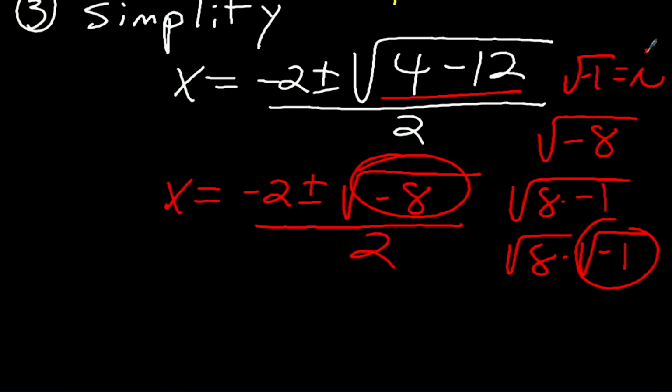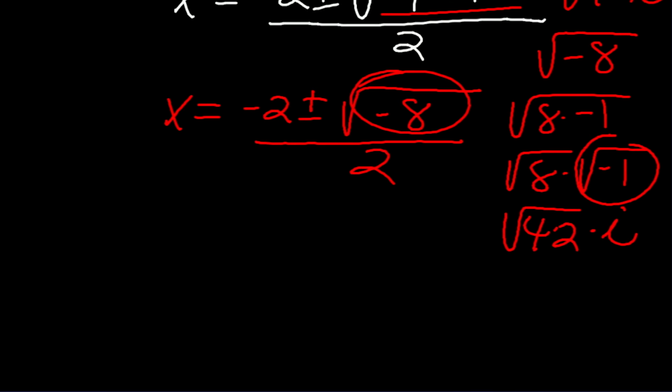So we're going to take the square root of 8. Can't take the square root of 8, so we break 8 into 4 times 2 times i. We're going to substitute in i for the square root of negative 1. We can take the square root of 4, so the square root of 4 is 2. It comes on the outside of the radical, so we have 2 times the square root of 2, i. So that's how we deal with a negative square root under the radical.